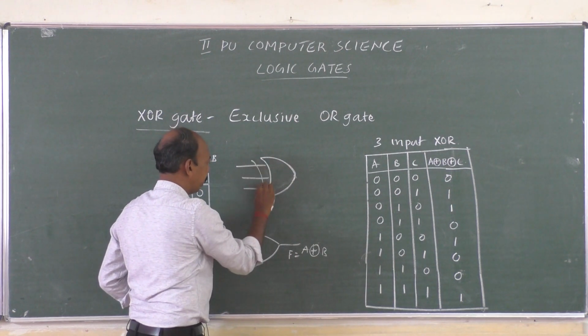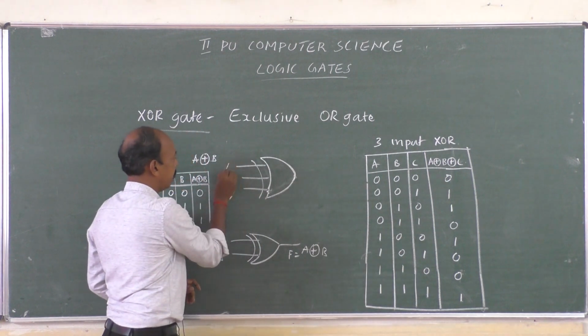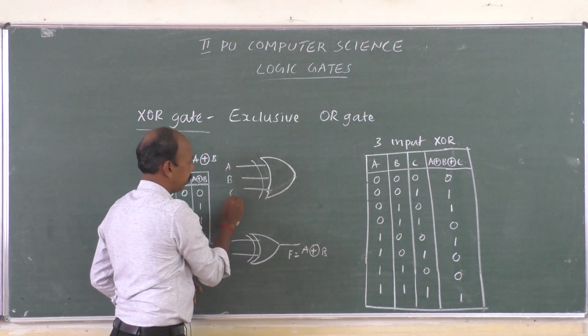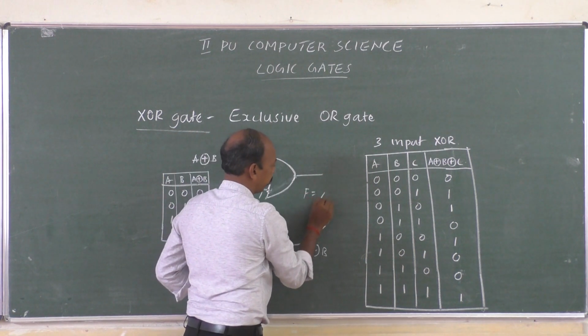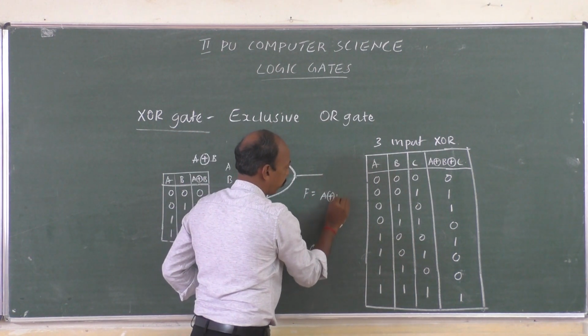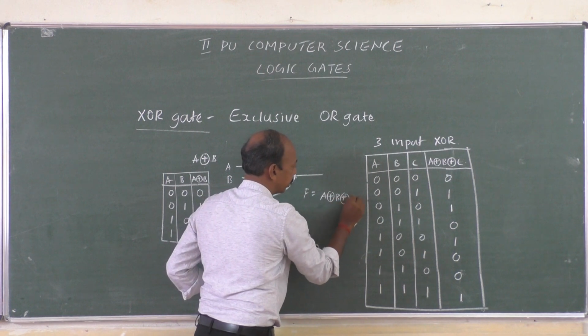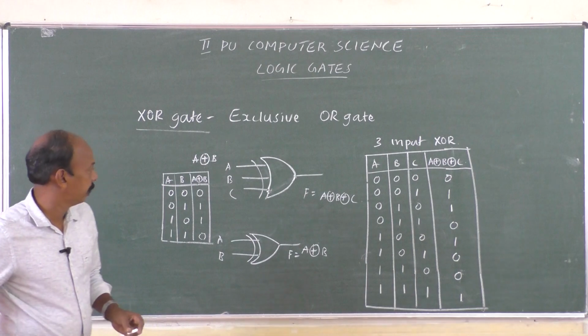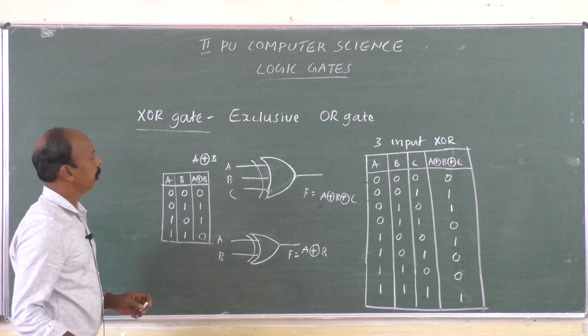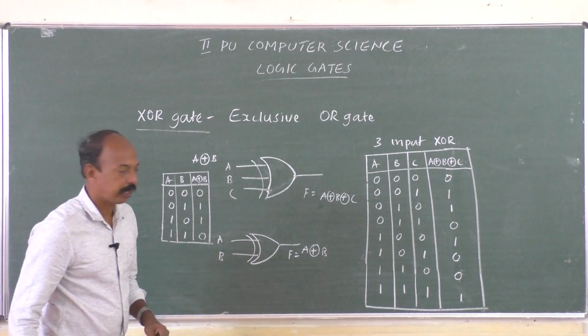A parallel line here. This is A, this is B, this is C. Output will be F is equal to A XOR B XOR C. That's about 3 input XOR gate.